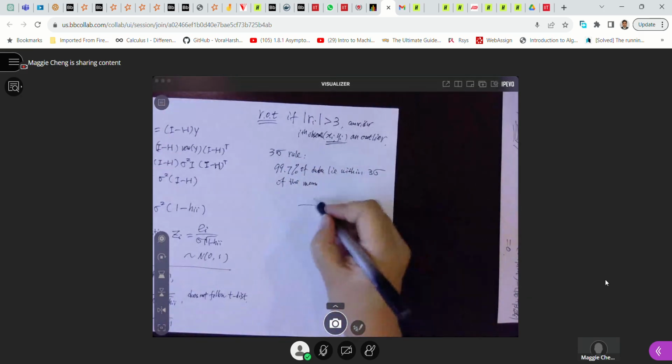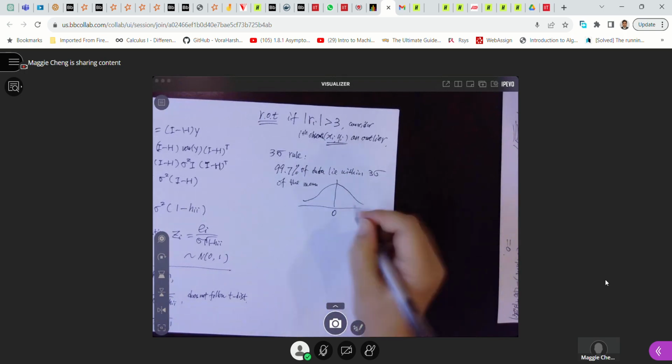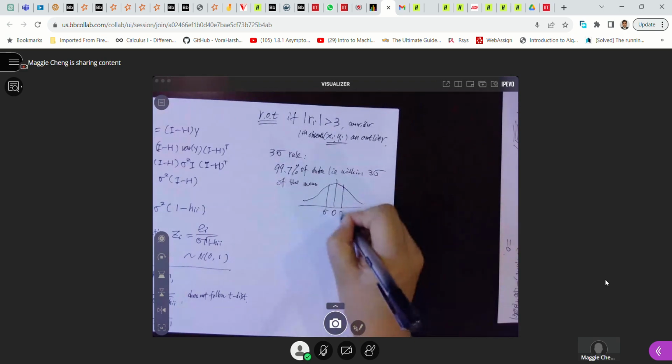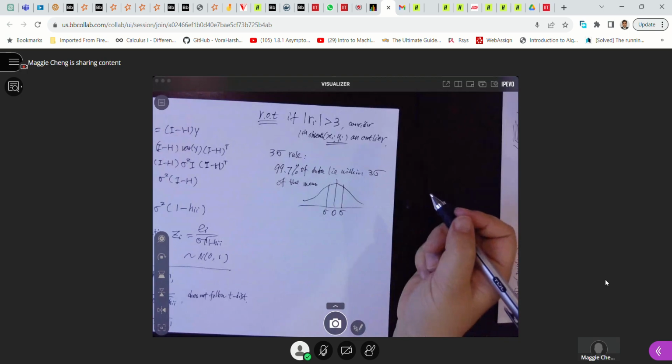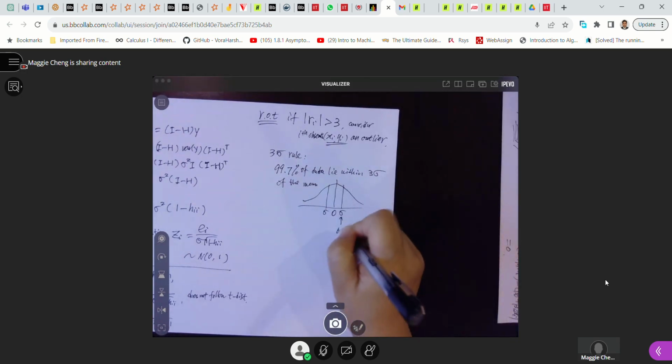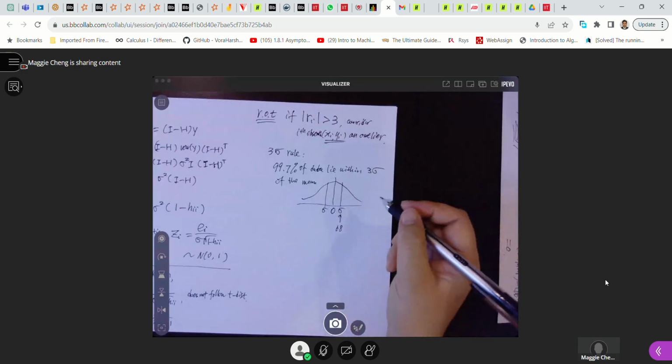So in practice, let's say you have standard normal. This is your mean. Some percentage of data is within the 1 sigma range. This percentage is about 68%, okay? So 68% within the 1 sigma range, plus and minus both counted.